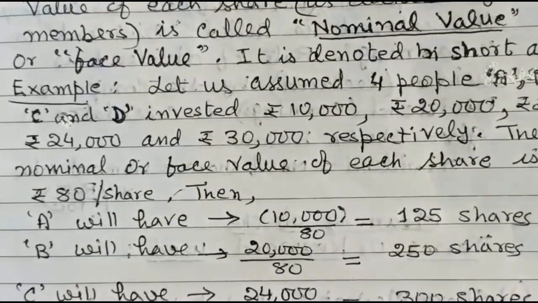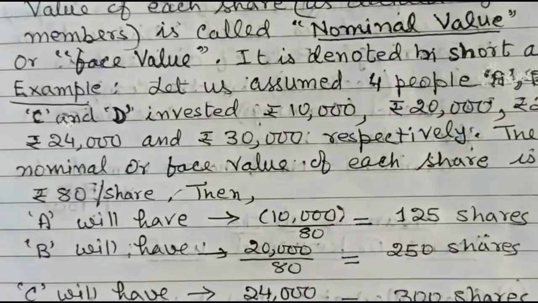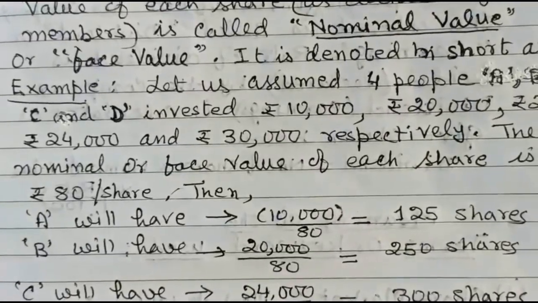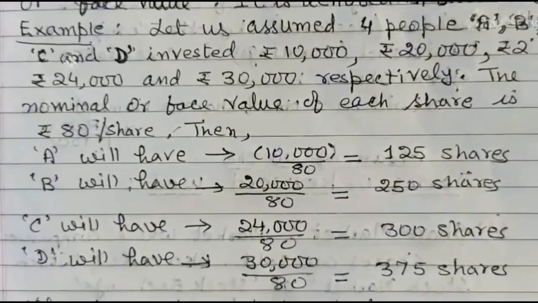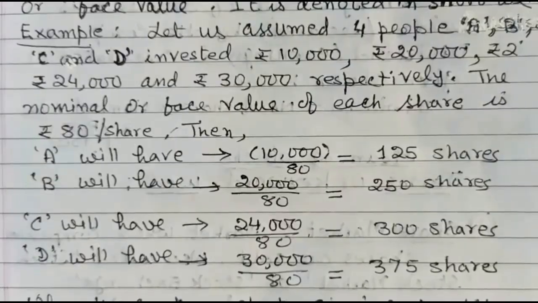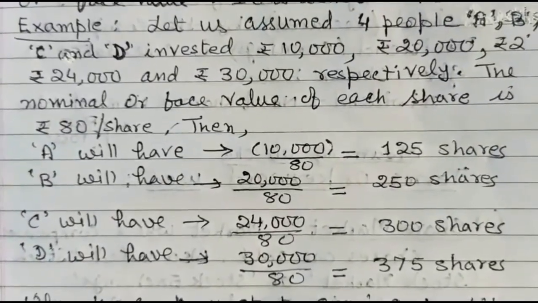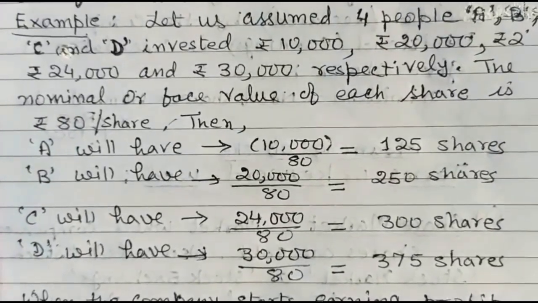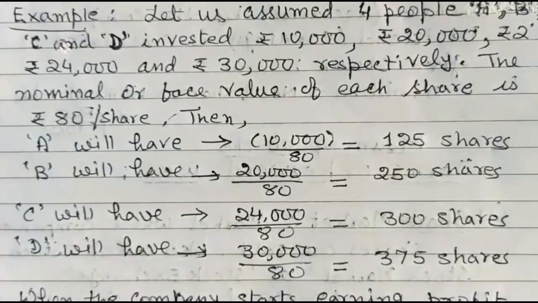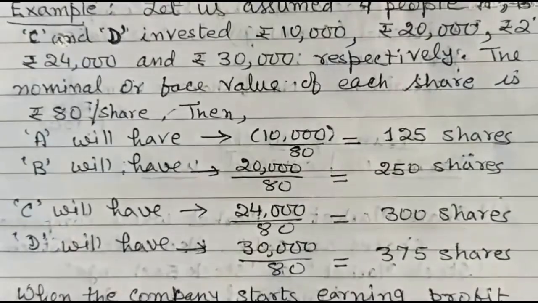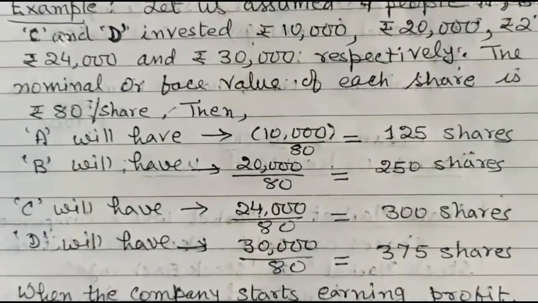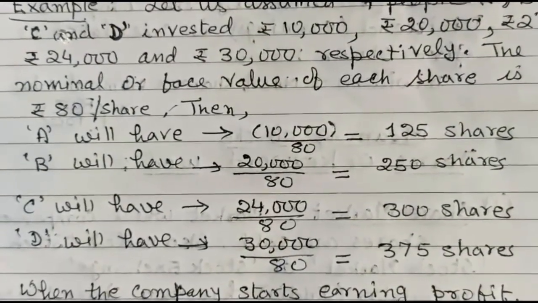The nominal value or face value of each share is rupees 80 per share. Then A will have rupees 10,000 divided by 80 equals 125 shares.